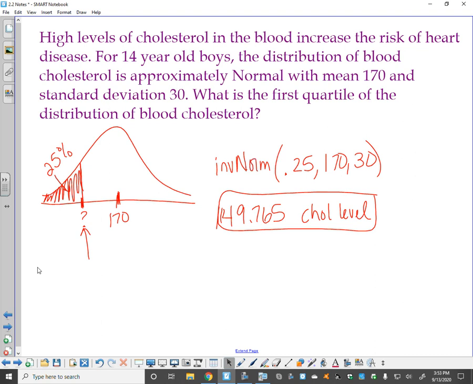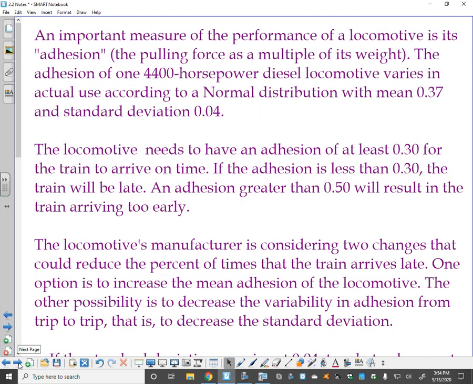Okay, last problem, and it's the big one. So again, if you need to take a break, pause it, take a break, come back to it. This is the Mac Daddy of application problems. An important measure of the performance of a locomotive is its adhesion, the pulling force, as a multiple of its weight.